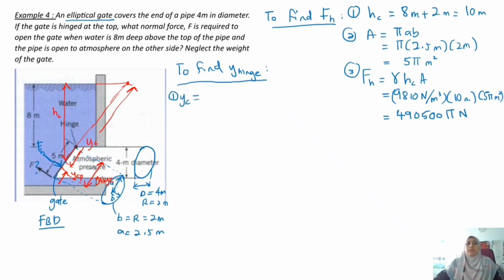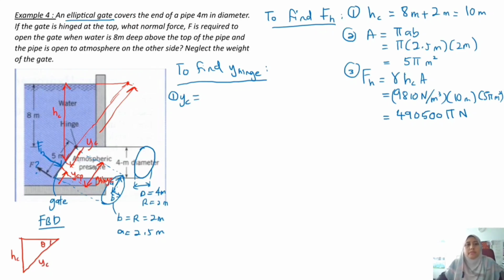So YC, if you look at this diagram, you can try to imagine that you have a triangle. This triangle consists of HC and YC, so it is inclined at a certain angle here.